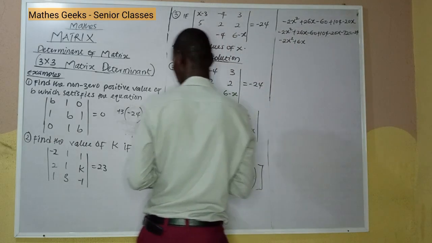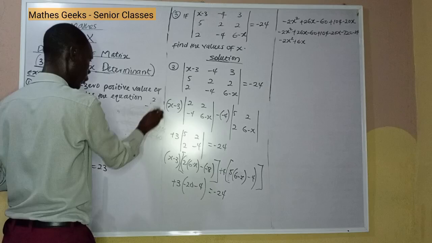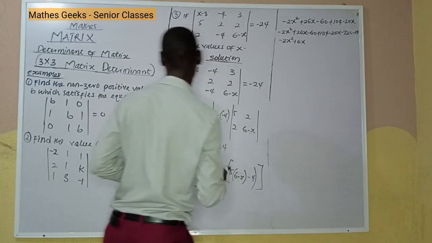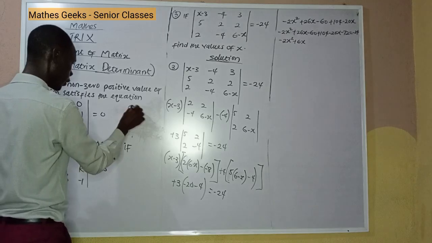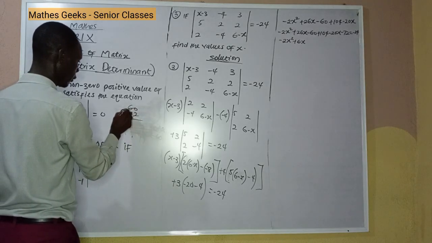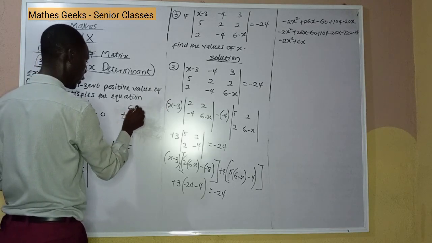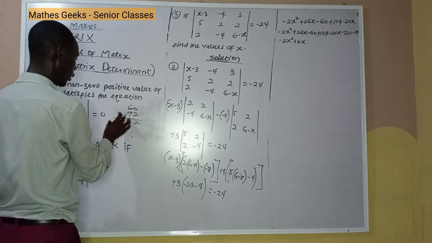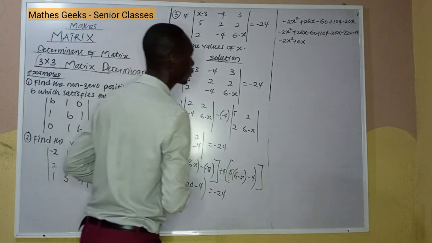Let's do it here. Minus 60 minus 72. Since the signs are the same, we add: 60 plus 72 is 132. Then we put our negative sign.